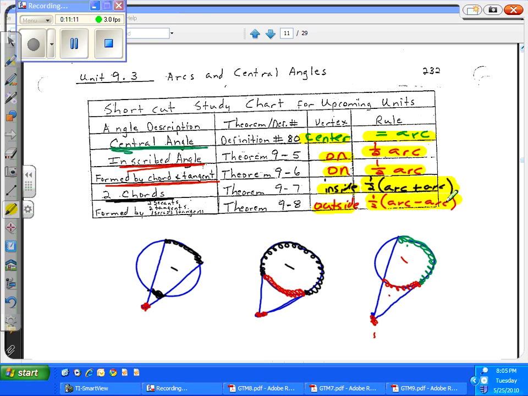So don't forget, as we go through these theorems, and it seems like a lot of words to deal with, we can simplify this down to what's highlighted in yellow and be successful with understanding the relationship between the angle and the arcs. Okay? So a good place to come back to as we progress.